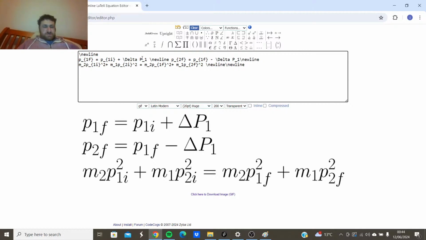Alrighty. Now, the next thing we can do is substitute these equations into the bottom, right? Yes. Okay. So let's do that.